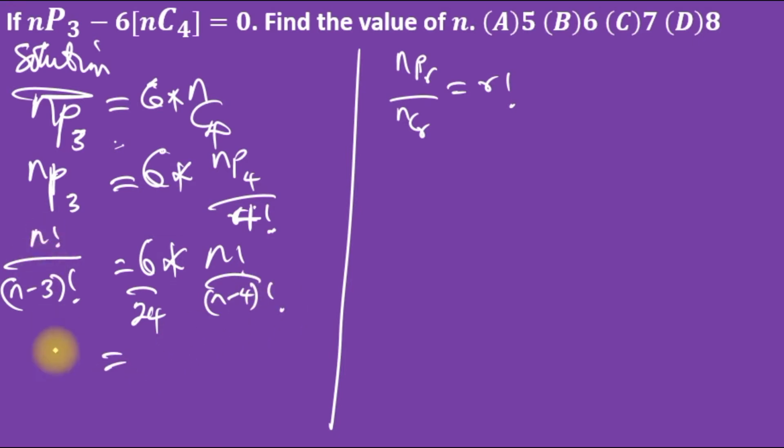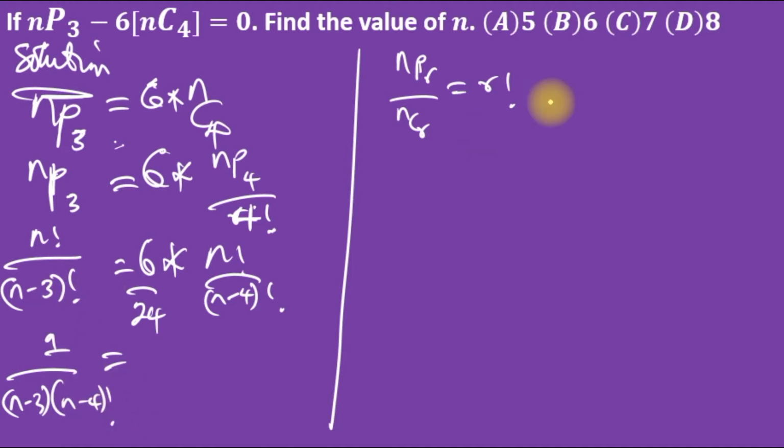So the n factorial cancels out on both sides, and we can write n minus 3 factorial as n minus 3 times n minus 4 factorial.